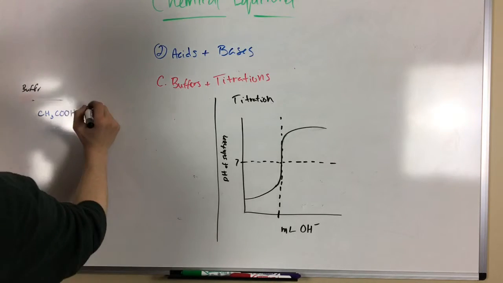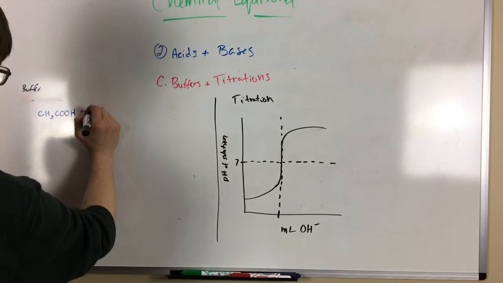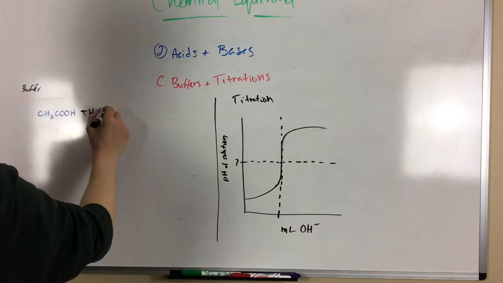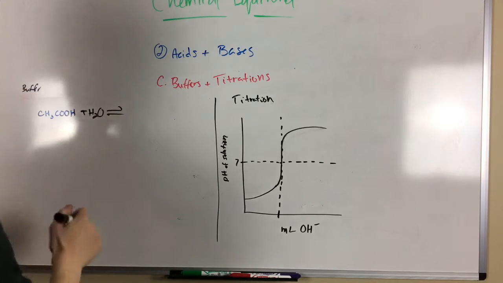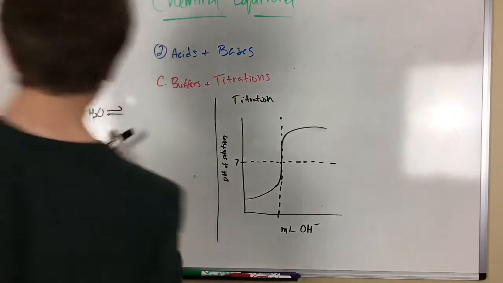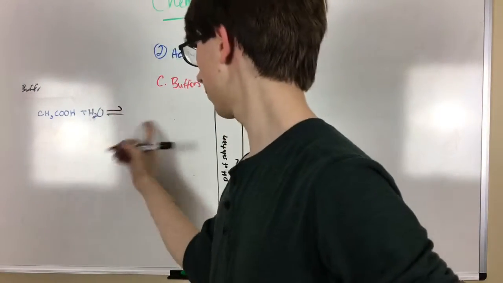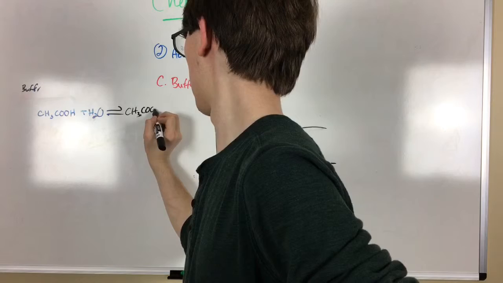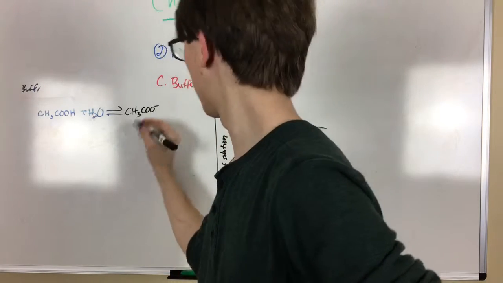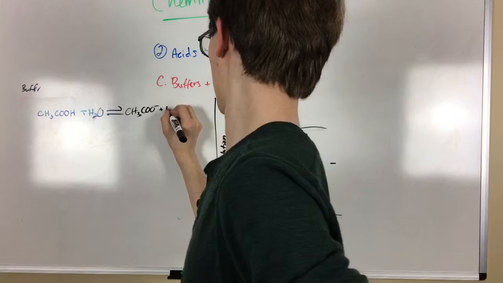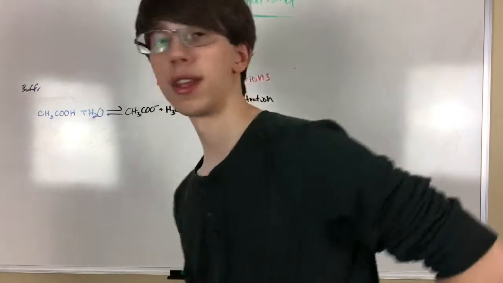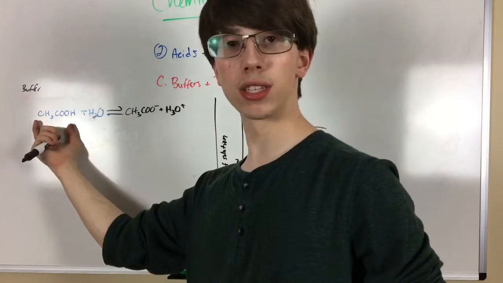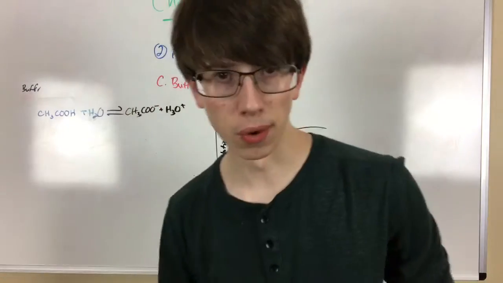Plus H2O, equilibrium arrows, double arrows, yields is what that also means. CH3COO minus, meaning acetate, plus hydronium.